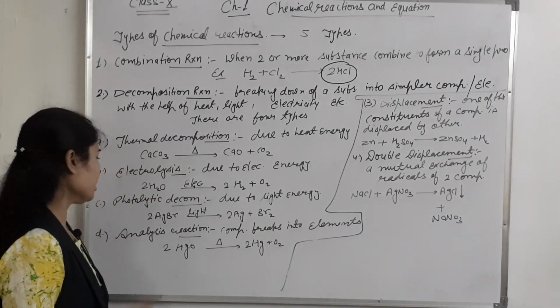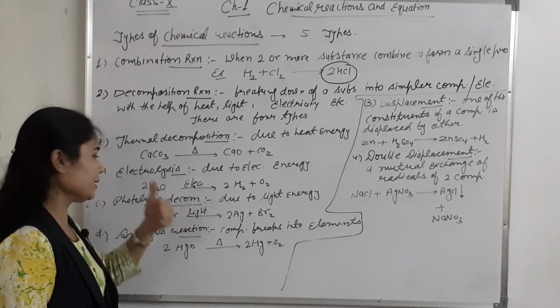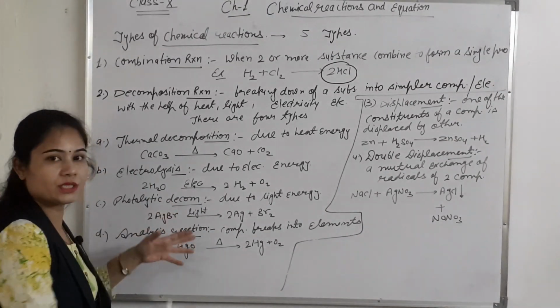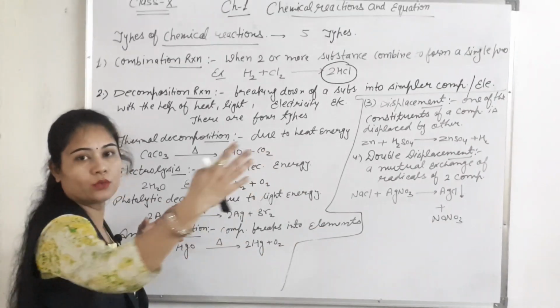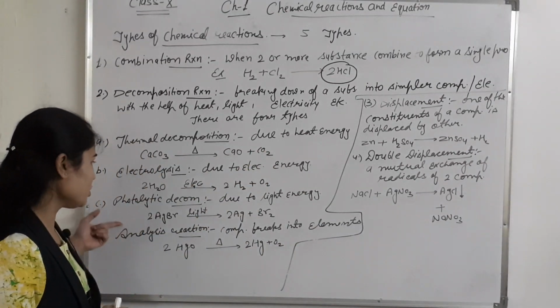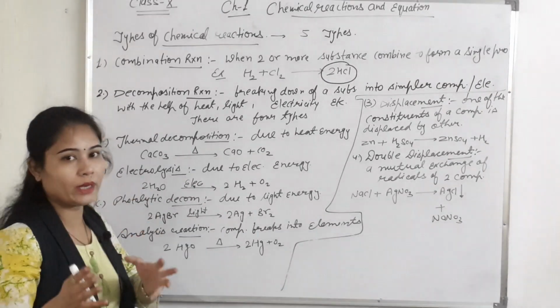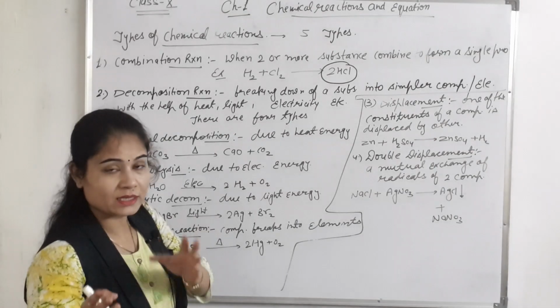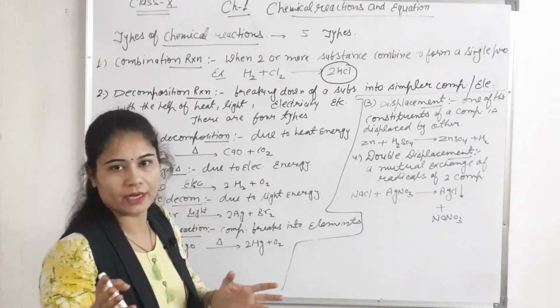Okay, now the third one, next type is photolytic decomposition. Again we have the word decomposition, that means breakdown of a compound into its simpler elements. But now we have a new word, that is photolytic. Photolytic means this energy is related to light. This is exactly natural light.